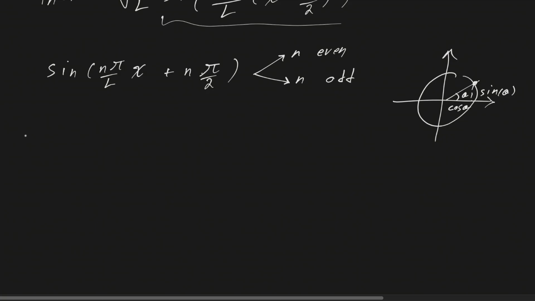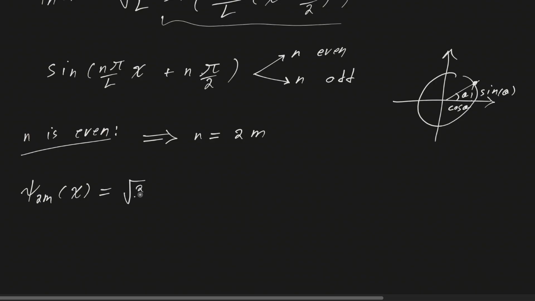Okay, so let's take the case where n is even, which means that n equals some integer m multiplied by 2. We can substitute that and get that psi of 2m of x will equal the square root of 2 over L, the sine of 2m pi over L x plus m pi, because the twos cancel.